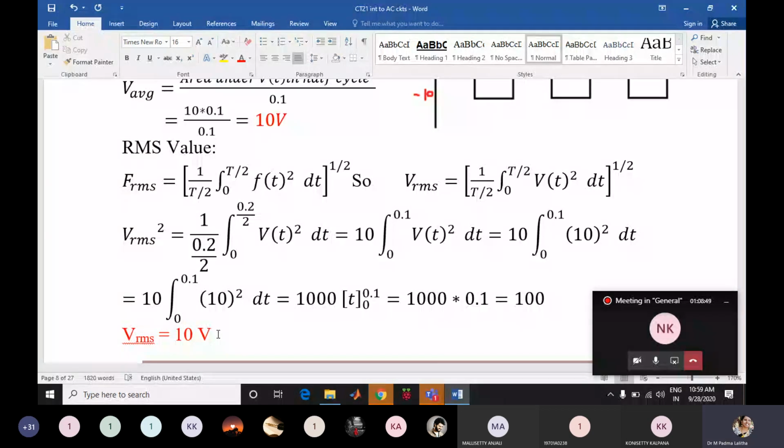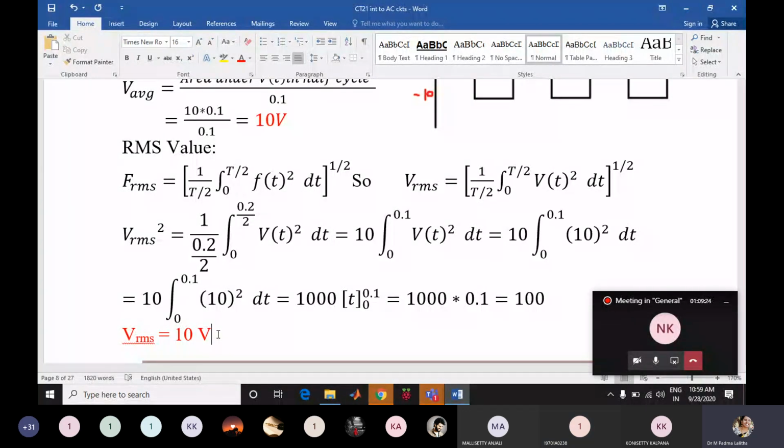So all of you calculated the average value and RMS value of the square or rectangle waveform. Are you listening or not? Listening, ma'am. Then please respond. Is it clear how to calculate the average value and RMS value?